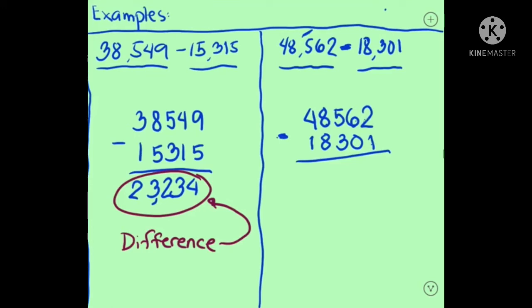So let's solve. 2 minus 1. 2 minus 1 is 1. 6 minus 0. If you have 6, then you will take away nothing. 6. 5 minus 3 is 2, correct? 8 minus 8.